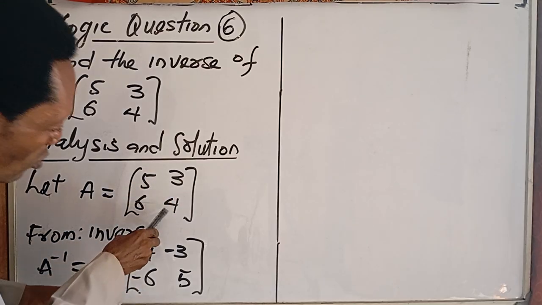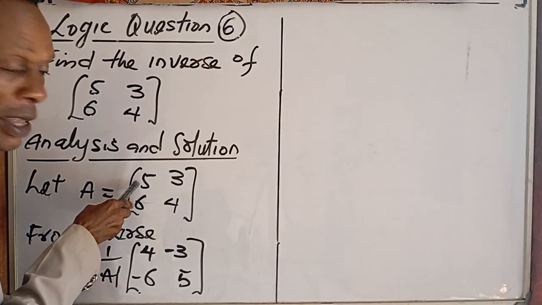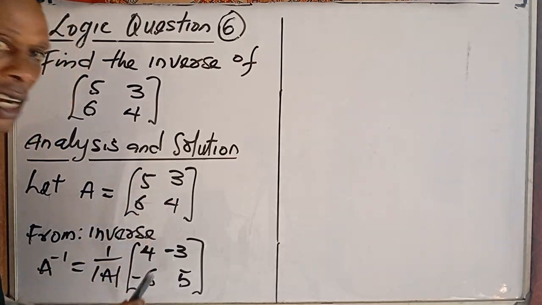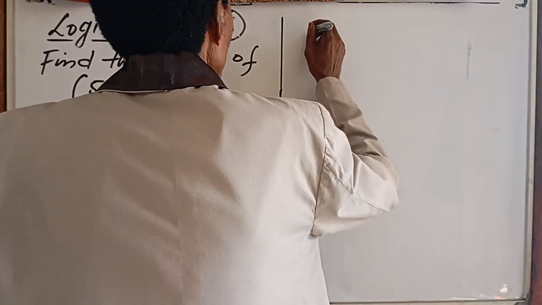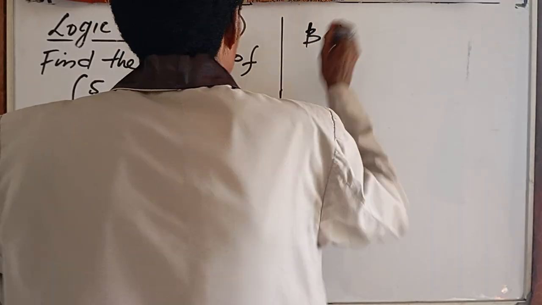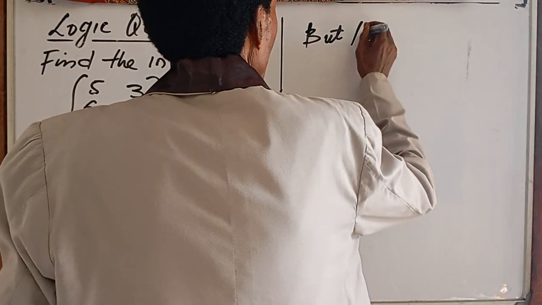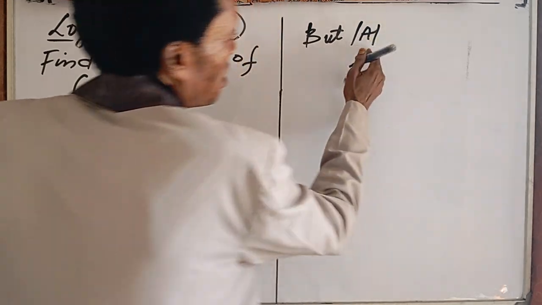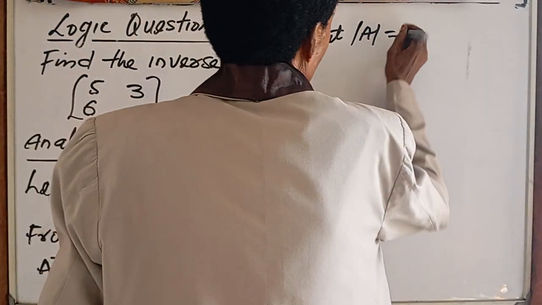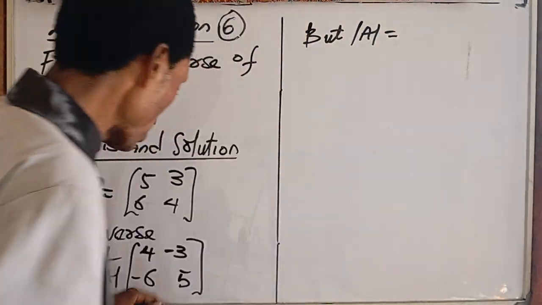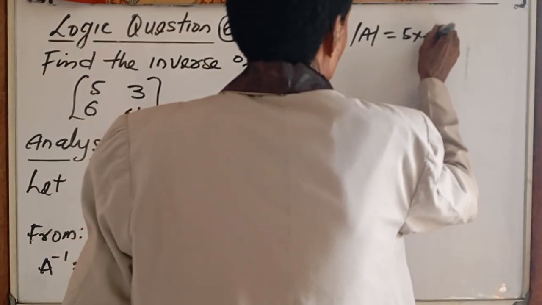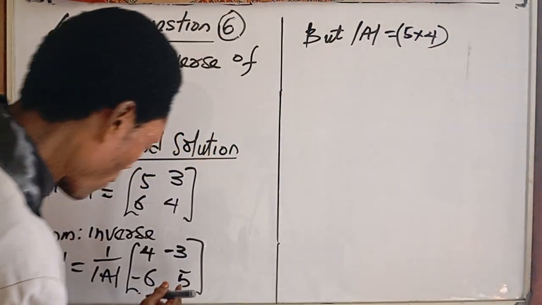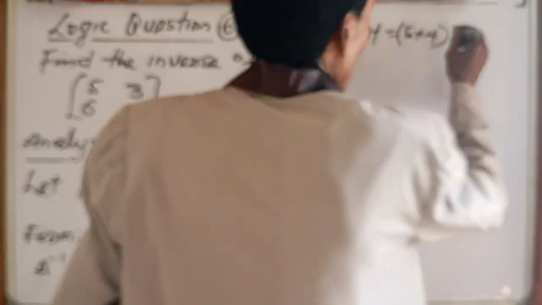Then you multiply 4 by 5, minus 6 times 3. The determinant of A equals 5 times 4 minus 6 times 3.